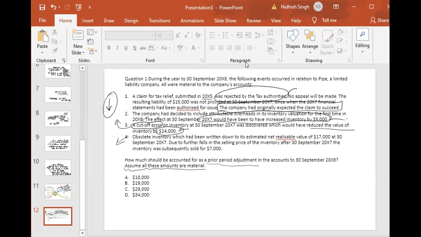Point number 4 is saying there is some inventory which has gone obsolete, and when we sold it this year, the entire value has been already adjusted because now it is sold.